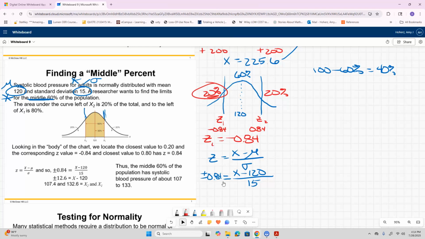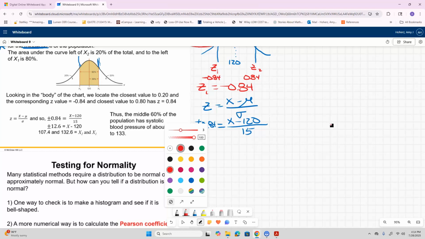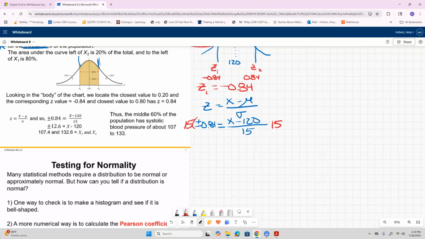So we're again going to multiply both sides by 15. Now this is a multiplication. Don't add and subtract there. Multiplying by 15 gives us x minus 120 on the right side, and on the left side, plus or minus 12.6.